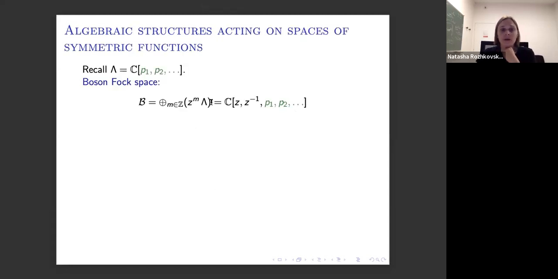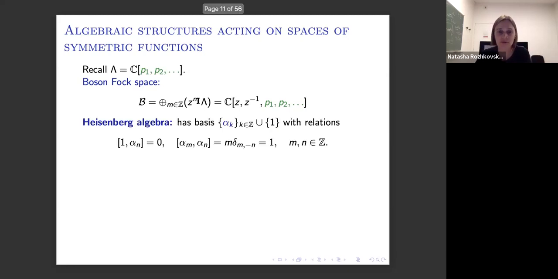Okay, so now a lot of interesting algebraic structures act on the ring of symmetric functions, because this is a polynomial ring. We can think about this as part of the boson-Fock space. We take countably many copies of this ring and create a bigger space. And then we can introduce different things which act here. Again, I'm just going to write down how we can write them in terms of those quantum fields that we already introduced.